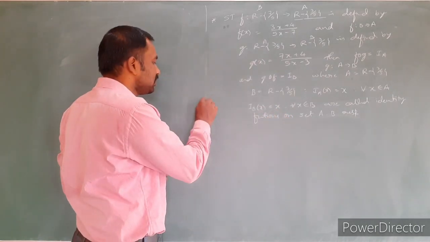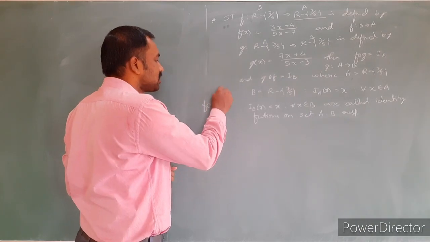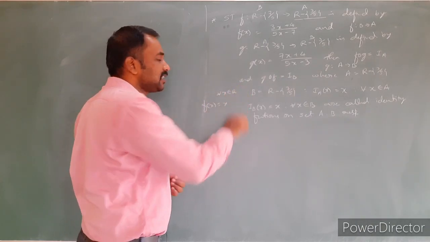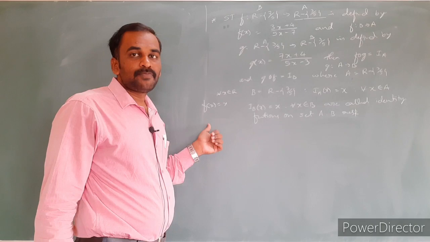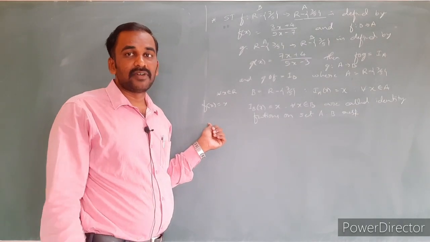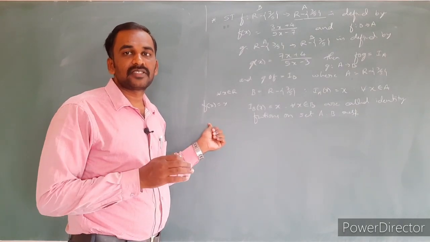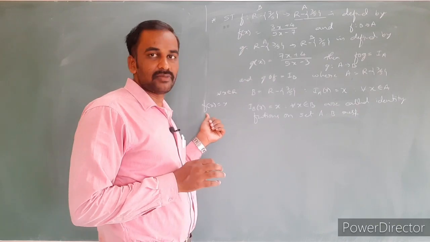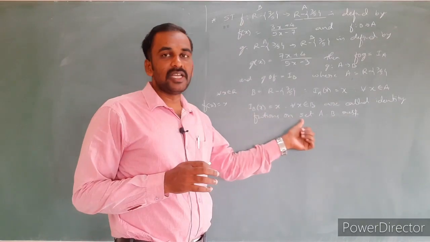What is the identity function? f(x) = x for all x belonging to the domain set R. In first PUC you studied seven types of functions, and this is one of them.